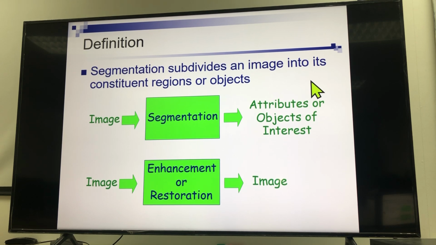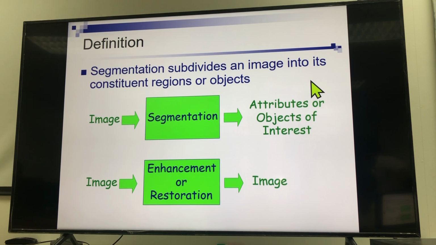We call them objects. The image is subdivided into two parts: the objects, which are the things of interest, and the rest, which is called the background. So basically we want to divide an image into objects and background.